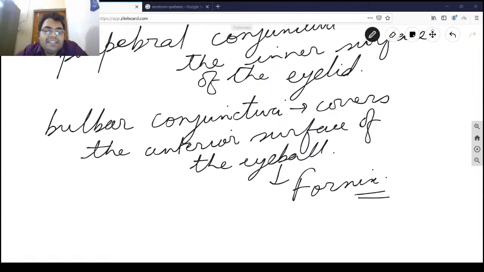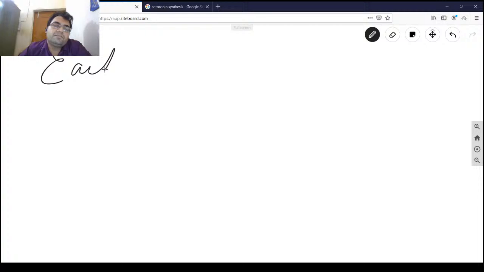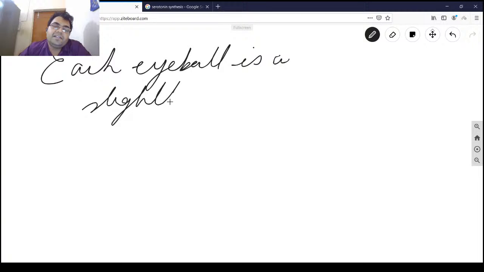Each eyeball is a slightly irregular spheroid in structure.